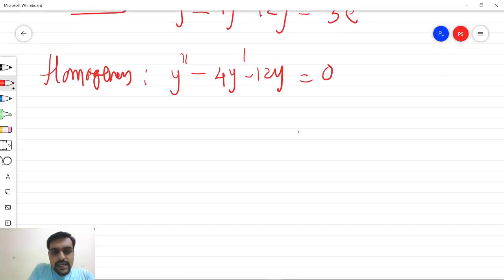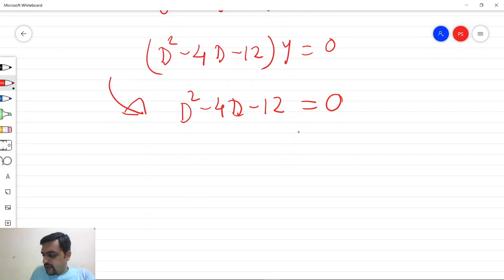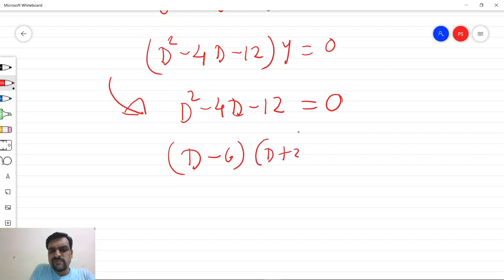Now this can be written as d squared minus 4d minus 12 into y is equal to 0. The auxiliary equation will be d squared minus 4d minus 12 is equal to 0. Now the roots for this equation are simply d minus 6 into d plus 2 is equal to 0.